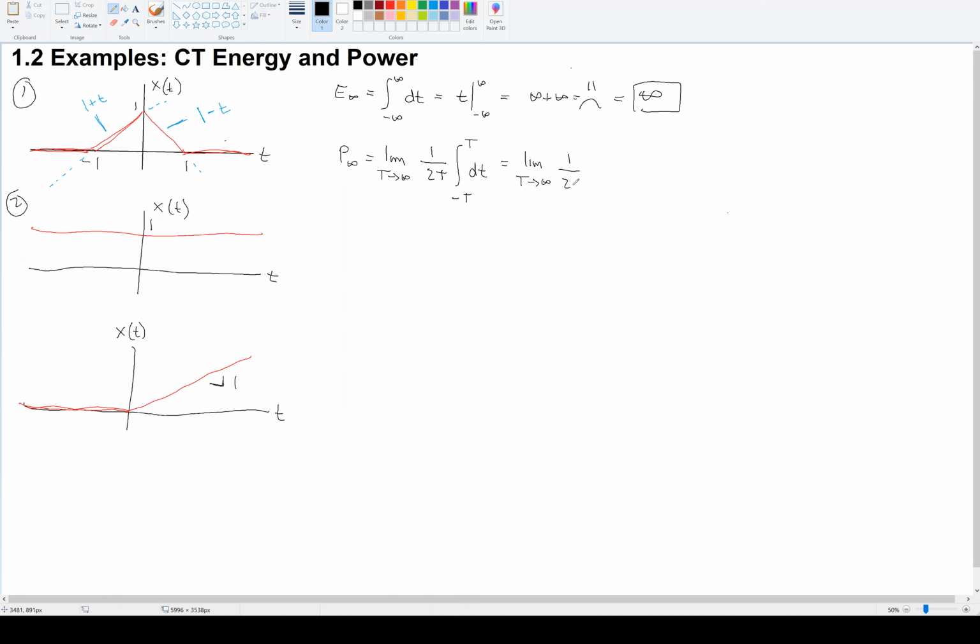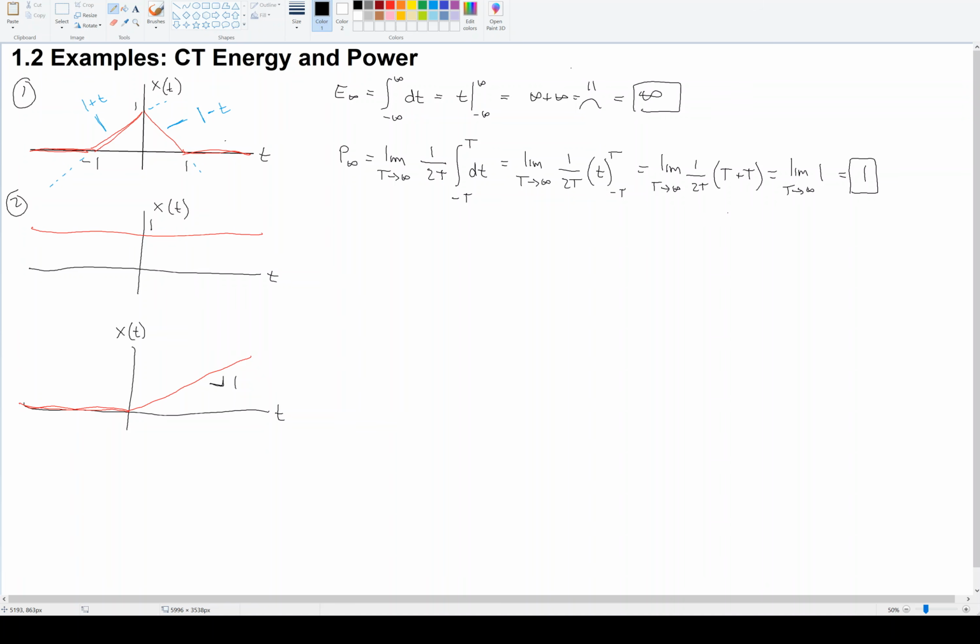I've got this here, and when I integrate, I get t, and I'm going to plug in minus T to plus T. And so what I get is T when I plug in the top bound minus minus T when I plug in the bottom bound. So this is 2T, that cancels with the 2T. So actually I have the limit as T goes to infinity of 1. So that's just 1.